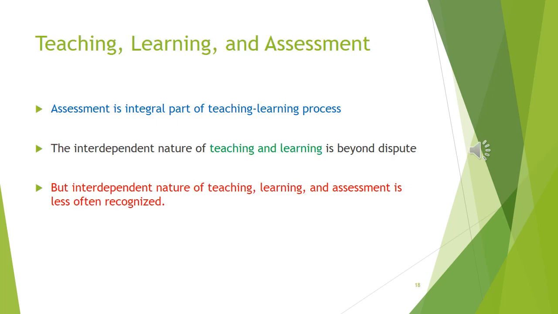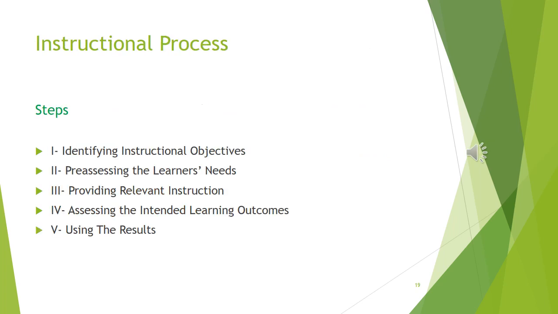We must be very clear that assessment is an integral part of the teaching-learning process. As we know, the interdependent nature of teaching and learning is beyond dispute, but we often make a mistake in recognizing the interdependent nature of teaching, learning, and assessment.